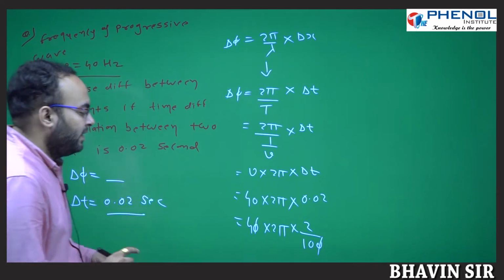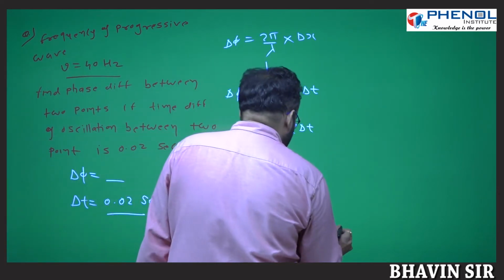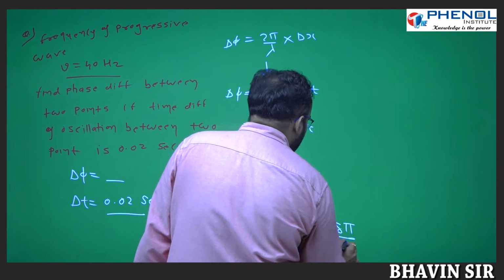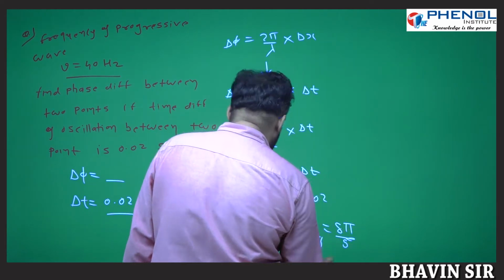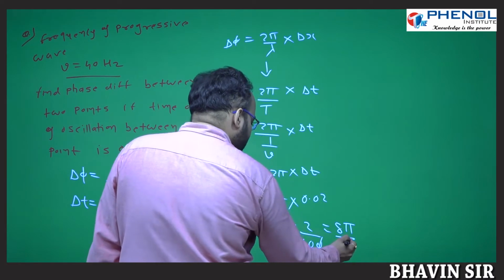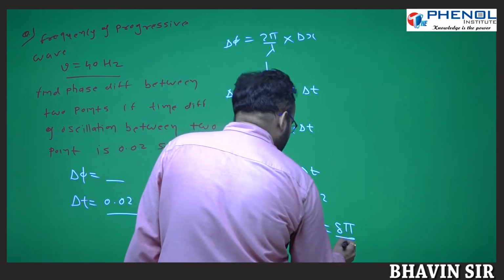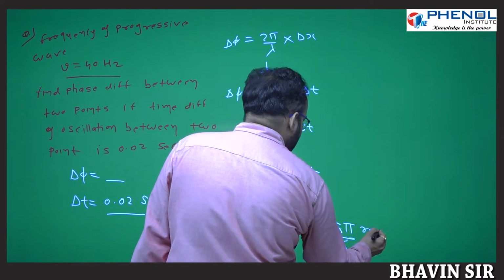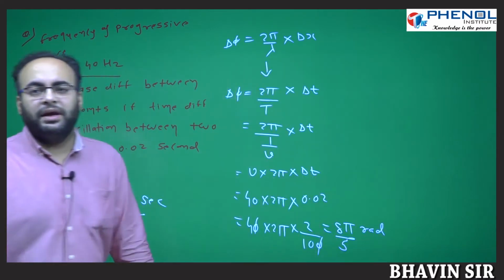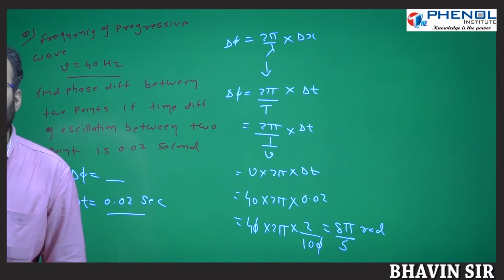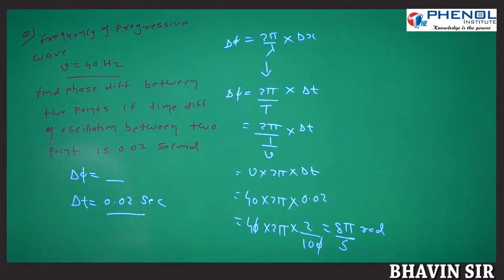So 2 by 5, so 8 pi upon 5. So what is the answer? 8 pi upon 5 radian. This is the phase difference between 2 points.